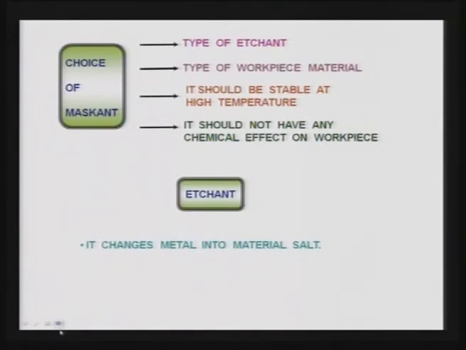Etchant changes metal into metal salt after chemical reaction, and there are various etchants like FeCl3 for aluminum, copper, nickel, FeNO3 for silver, HF for titanium, HNO3 for tool steel.